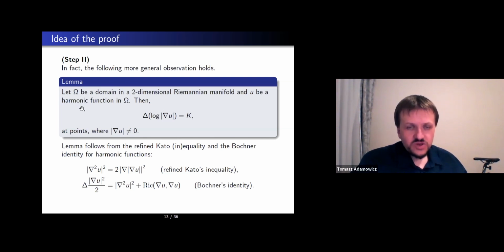Notice that there is no assumption here that Ω must be an annulus, just a domain with no critical points. The proof of this lemma relies on the Kato inequality, which in dimension 2 becomes an equality, and also on Bochner's identity.